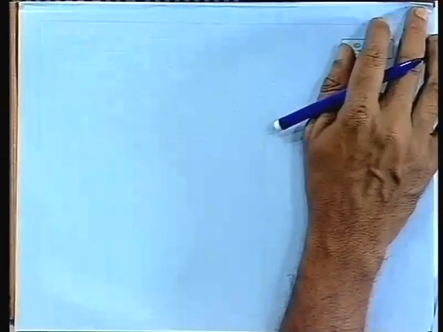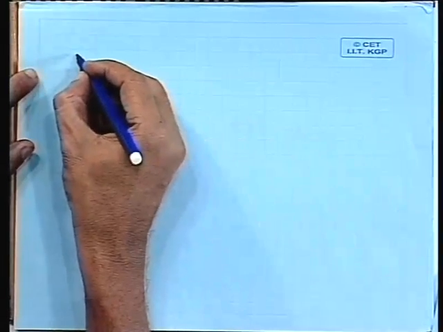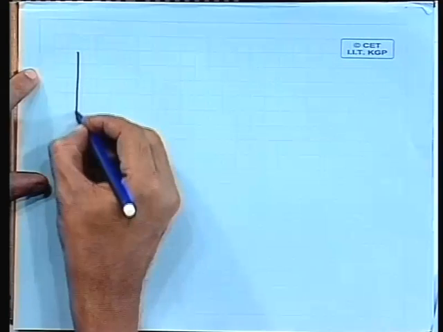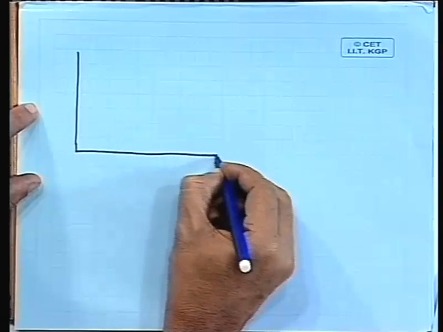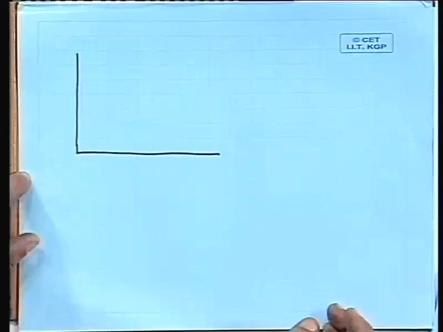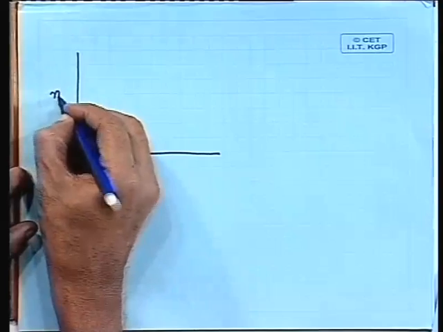Whereas, if we consider the efficiency, okay, let us have a comparison of efficiency. If we have efficiency in this direction, let us say this is rho.